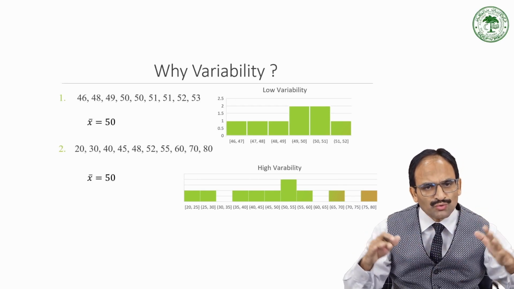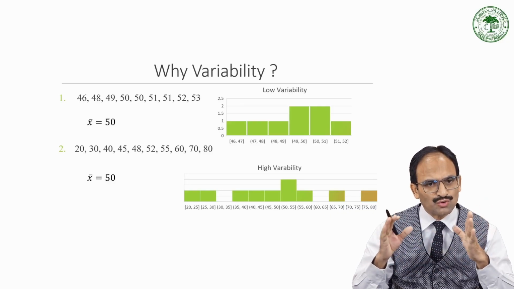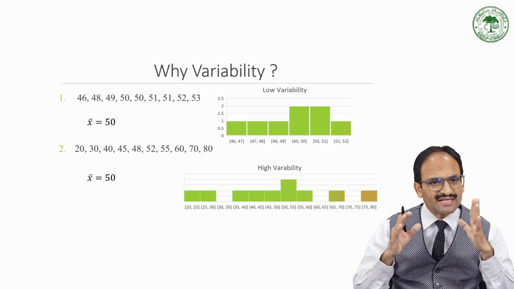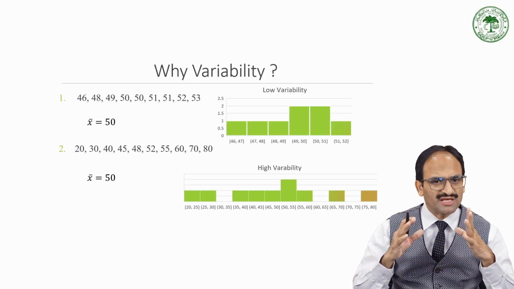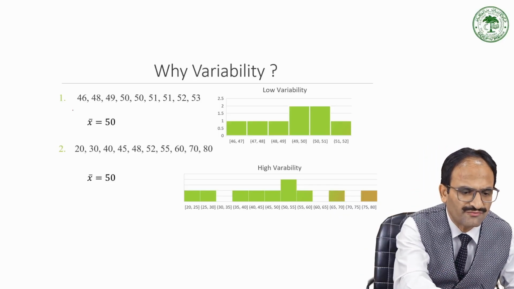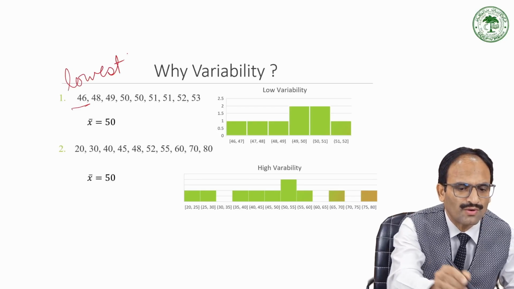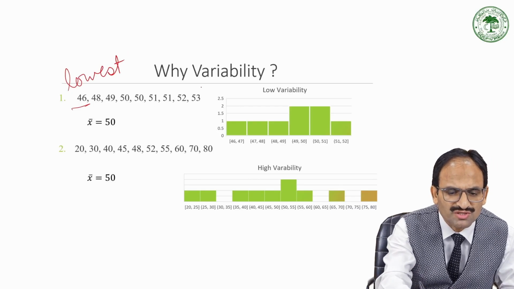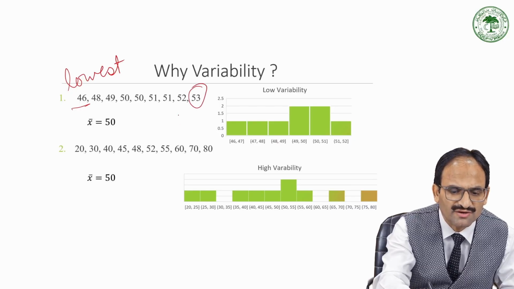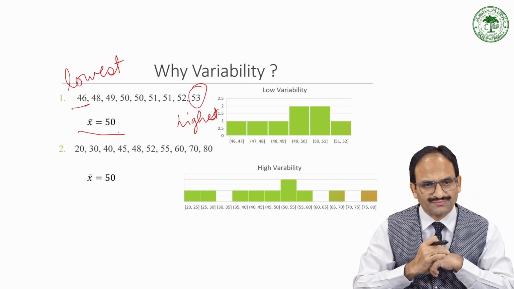If you calculate the mean, you will find that the mean comes out to be 50. But in this group, the lowest score is 46, whereas the highest score is 53, and the mean is 50.